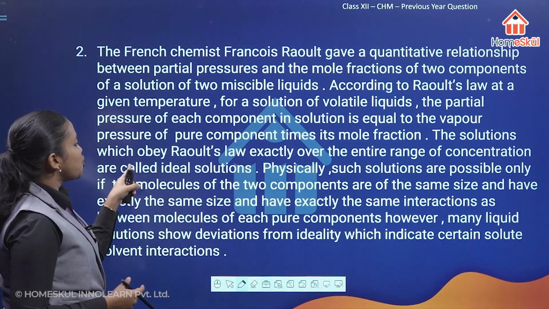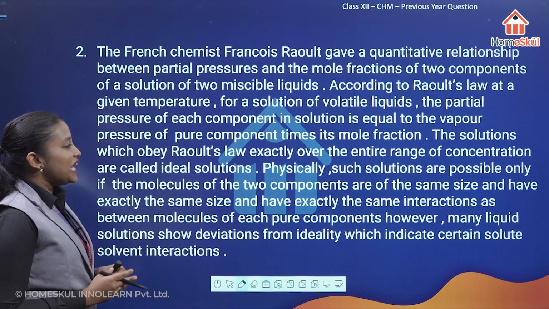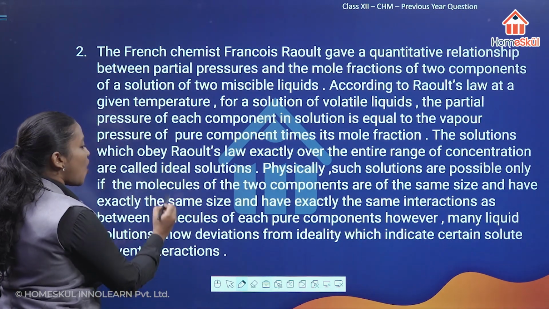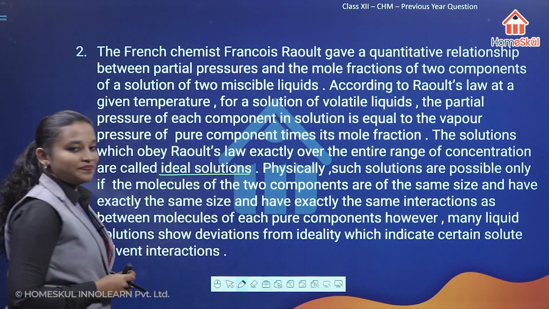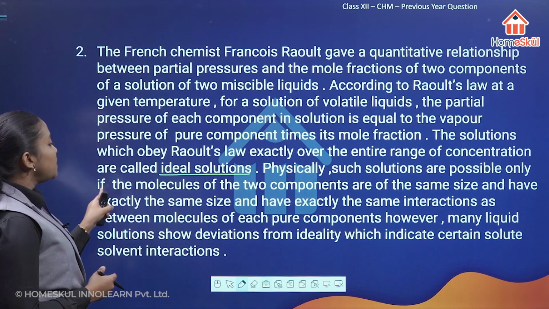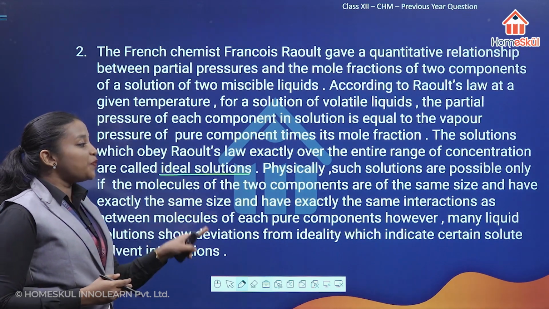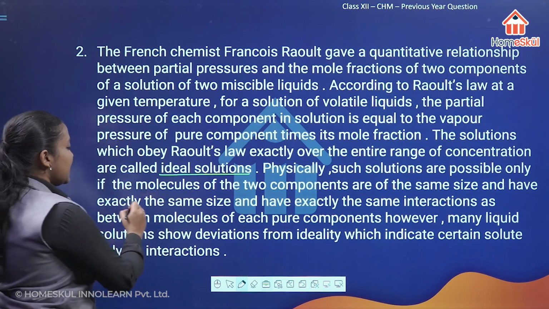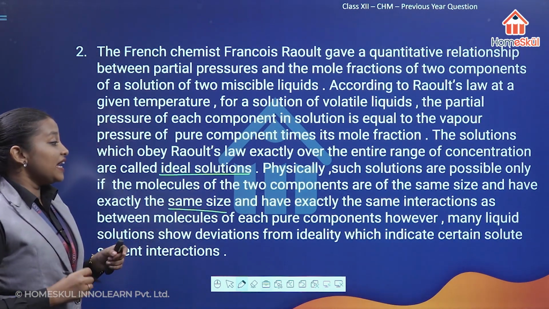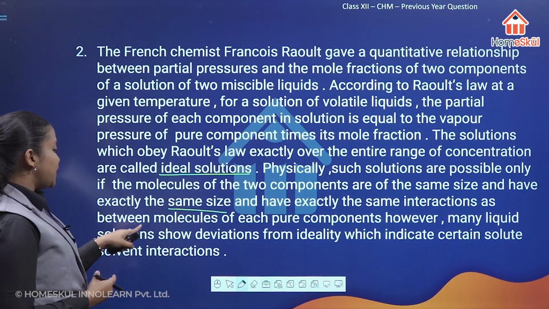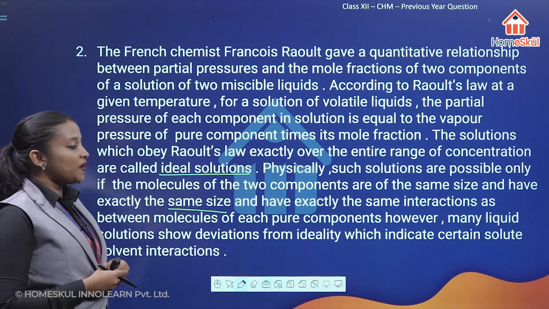The solutions which obey Raoult's law exactly over the entire range of concentration are called ideal solutions. Physically, such solutions are possible only if the molecules of the two components have exactly the same size and exactly the same interactions as between molecules of each pure component.